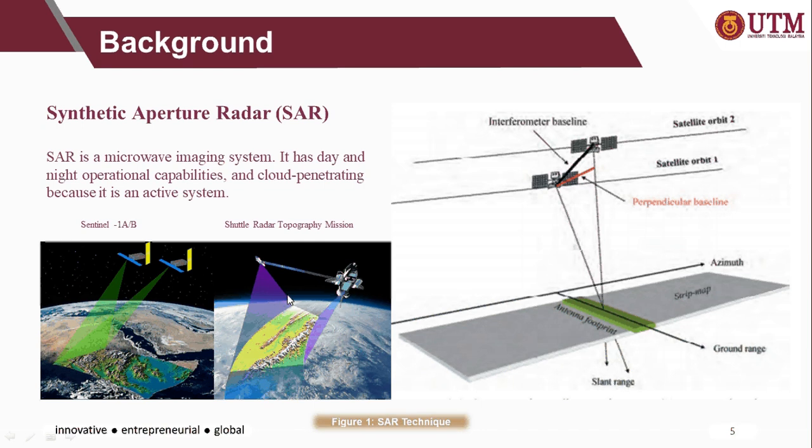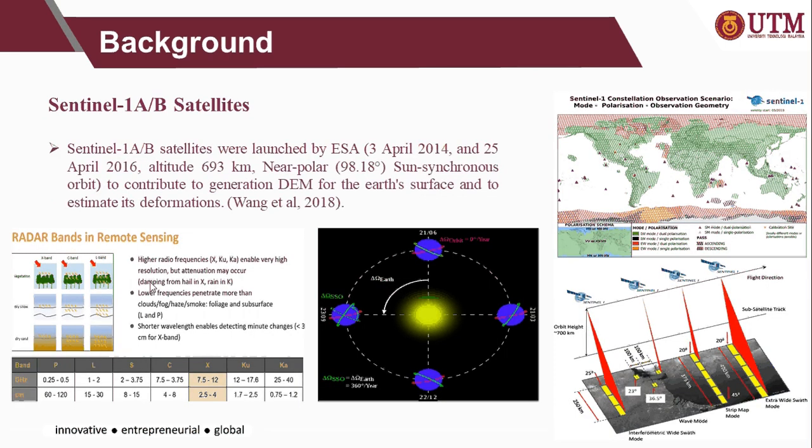It can be done simultaneously by the same satellite with two radars or two antennas, like the SRTM radar topography mission, or by exploiting the same orbit for the same satellite, or by using images from two satellites like the case in Sentinel 1A and B. Sentinel 1A and B satellites were launched by the European Space Agency.